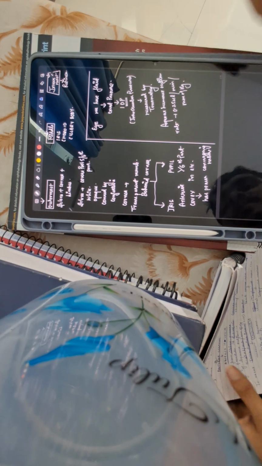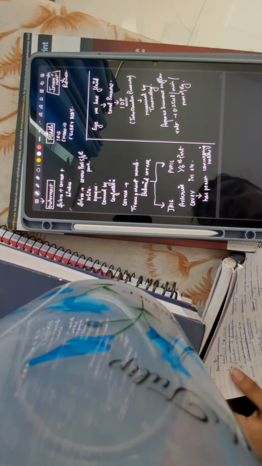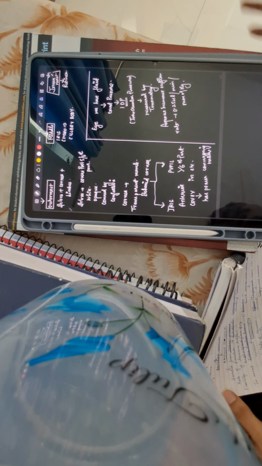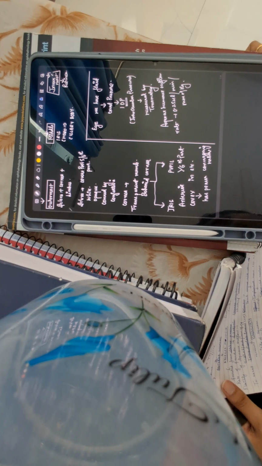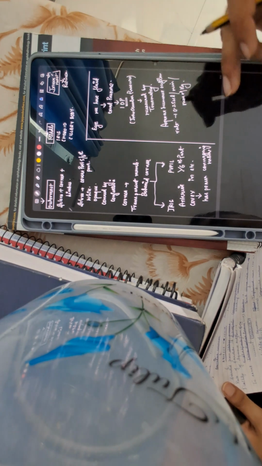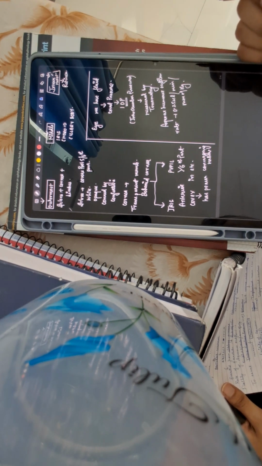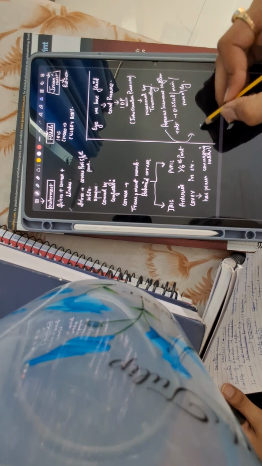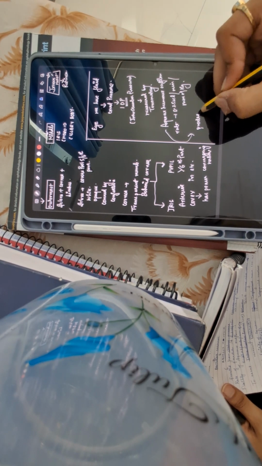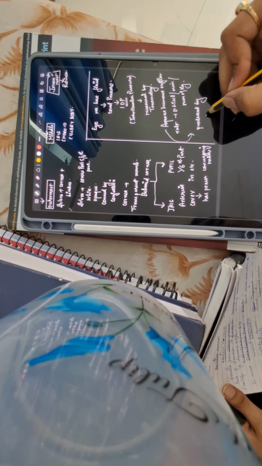Why am I talking about this rate? Because it has been asked in NEET PG, and now it's NExT, or I don't know what it is. And the aqueous humor is produced by the ciliary process.